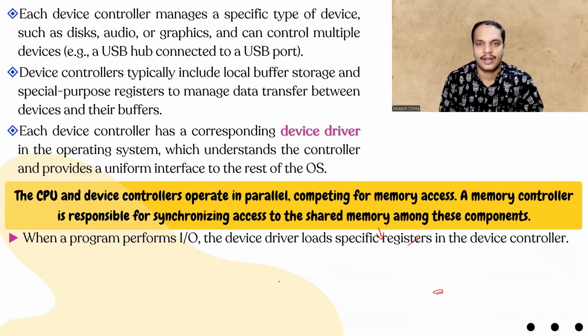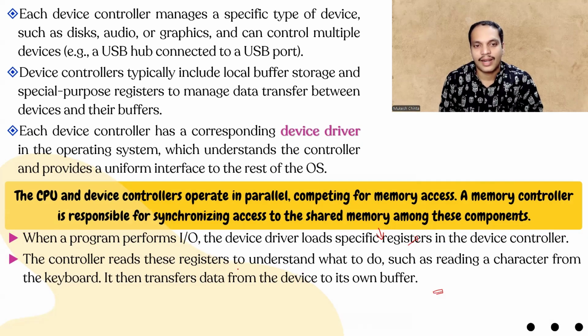You have to understand that whenever a program performs an input-output operation, the device driver loads the specific registers in the device controller, and the controller reads these registers to understand what to do, such as reading a character from the keyboard or the movement of the mouse, etc. It then transfers data from the device to its own buffer.